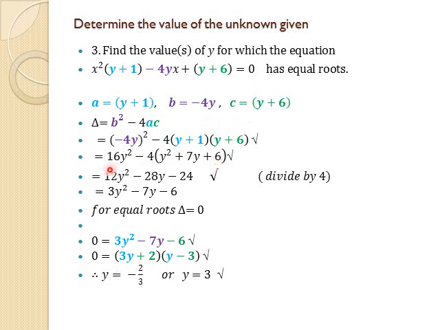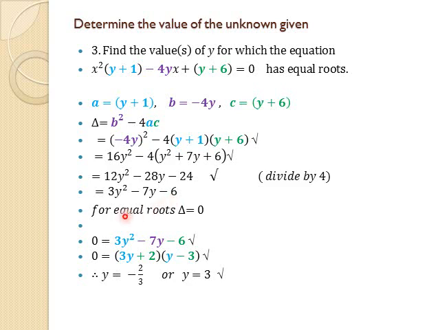So if I multiply out here, 16y squared minus 4y squared gives me 12y squared. Minus 4 times positive 7y, negative 28y. Negative 4 times positive 6, negative 24. And there you should see I'm able to divide by 4 because 4 divides into all of them. 12 divided by 4 gives me 3. Negative 28 divided by 4 gives me negative 7. Negative 24 divided by 4 gives me negative 6.